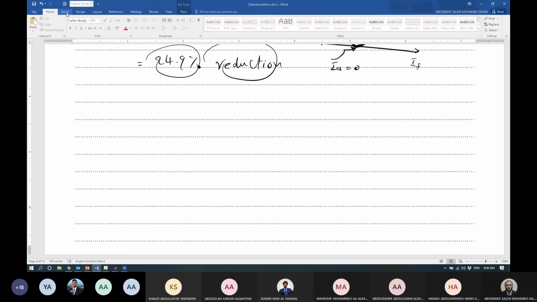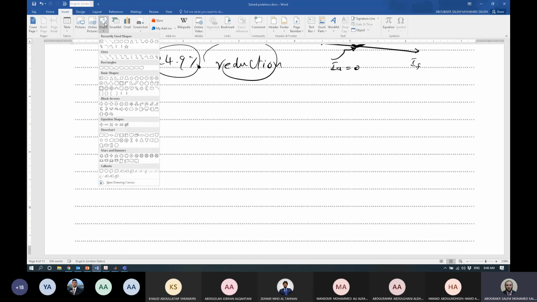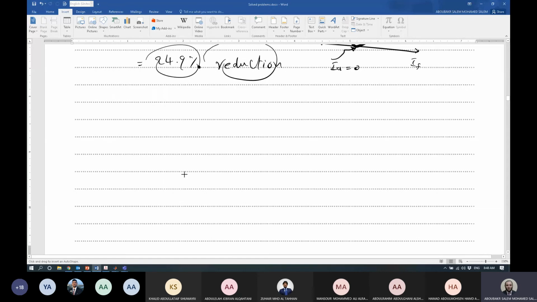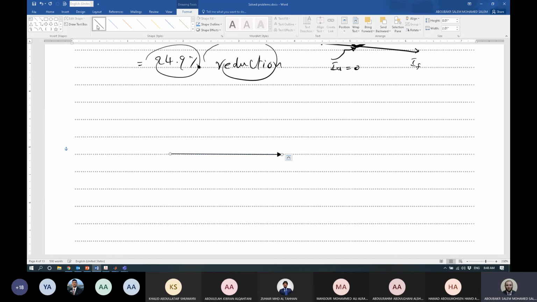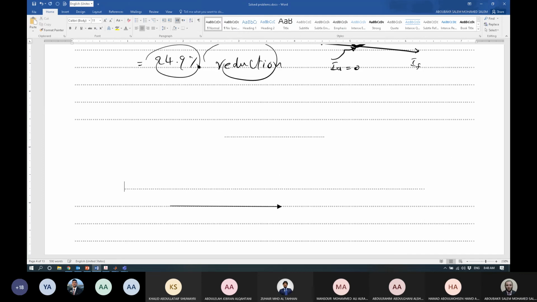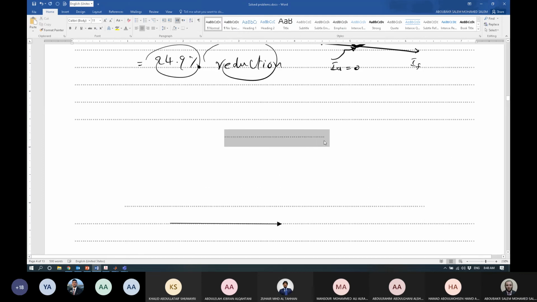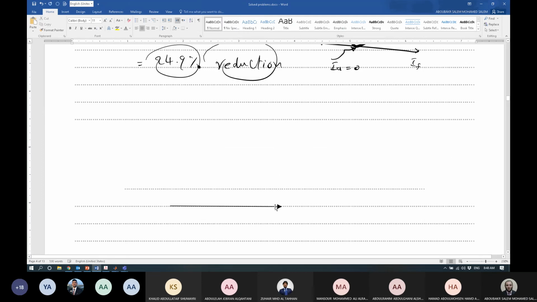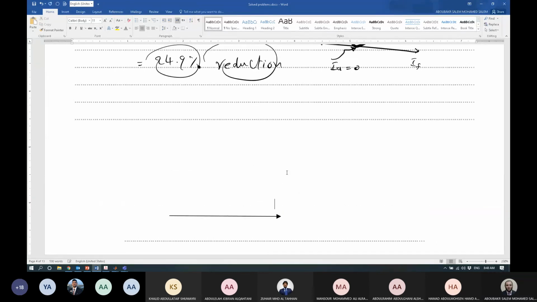So let's make the vector diagram. In the beginning we have the value of V terminal, so we can plot V terminal. Okay guys, then this is V terminal.